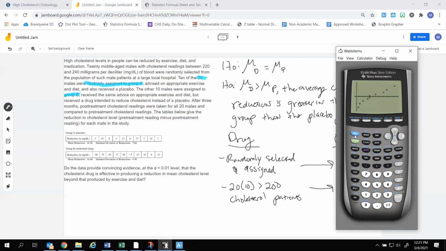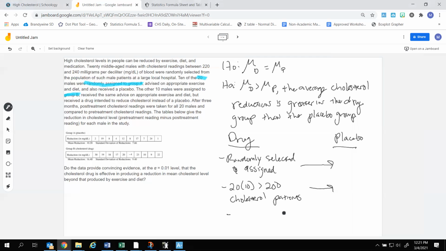Also looks pretty good. So we can put normal plot looks linear. And we're all set. The name of this is going to be a two-sample t-test for means.